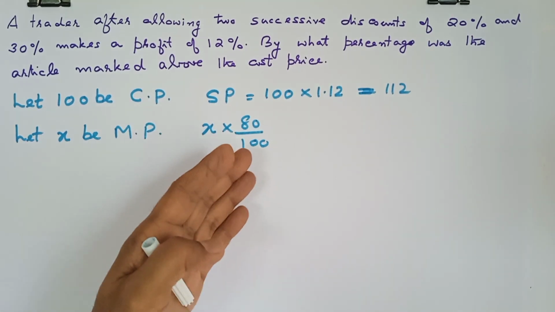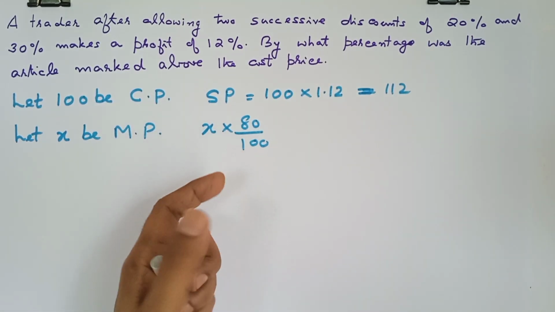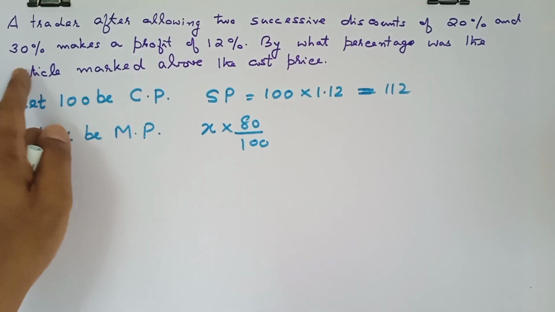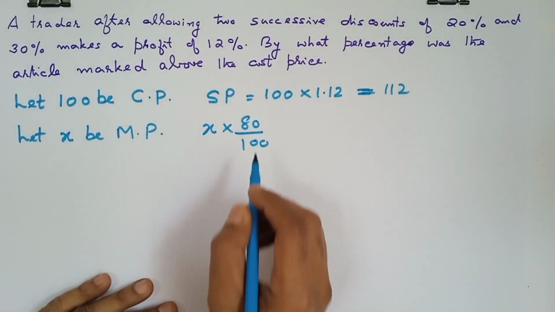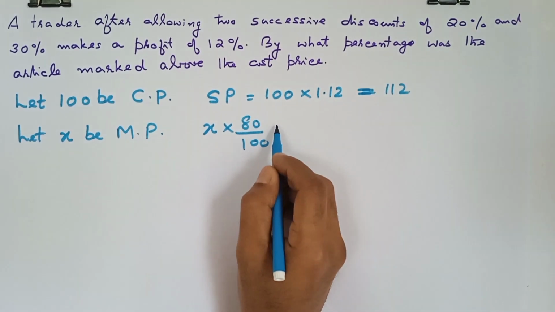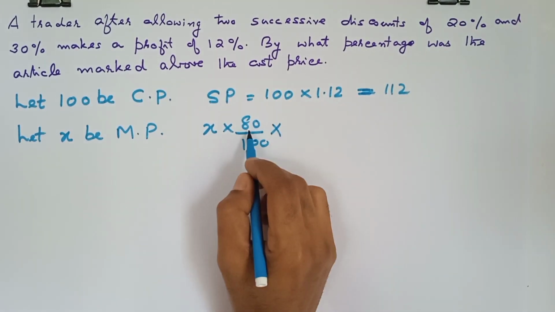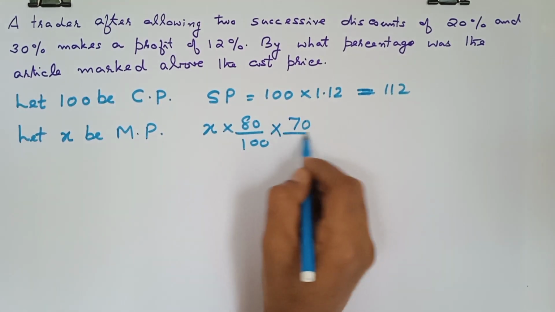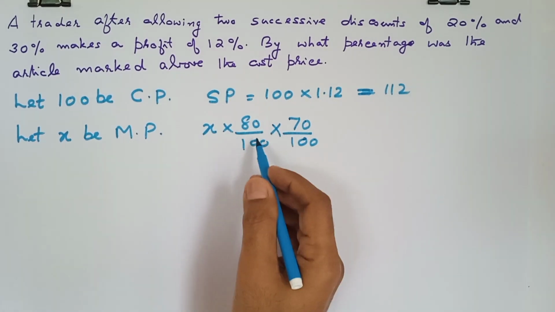I mean, there is a price the product will be at after the first discount. On that price, he is allowing further discount of 30%. So to arrive at the final selling price, you multiply this as the base figure by what? 70 by 100. So this will be the final selling price of the product.